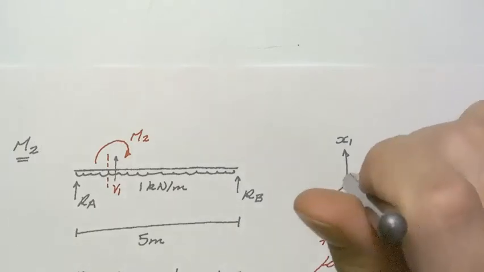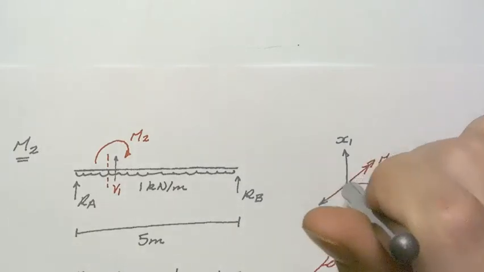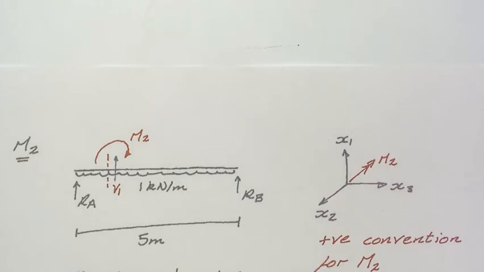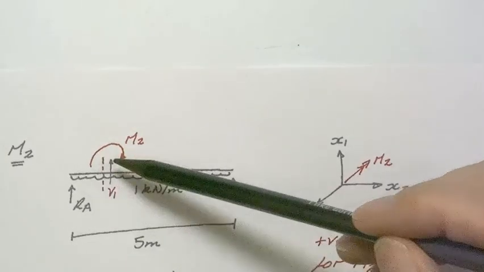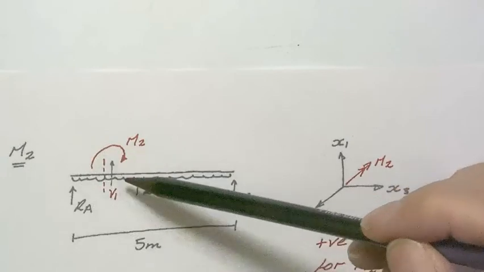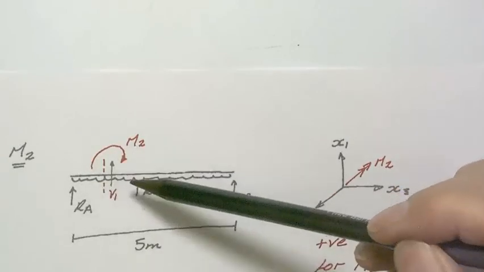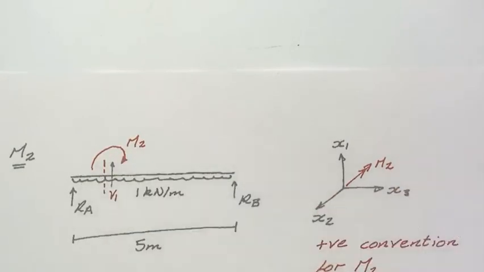M2, the double-headed arrow, would be pointing directly into the page, so I've taken my thumb, lined it up with that direction, and now I'm twisting like so. So we end up with clockwise being the positive moment when we're looking in the plane from this particular location.